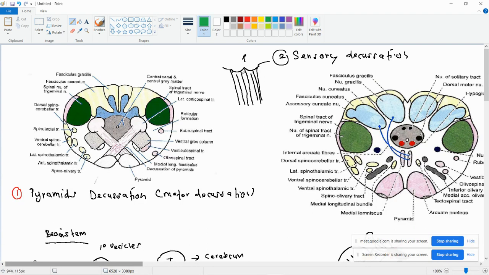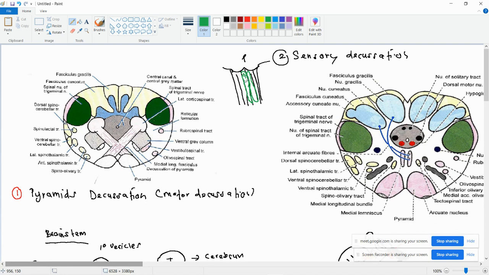Laterally, you can see these two swollen areas, class. Lateral to the anterior median fissure, this swollen area we call, yes, class? Very good, the pyramids. So now focus on this pyramid.